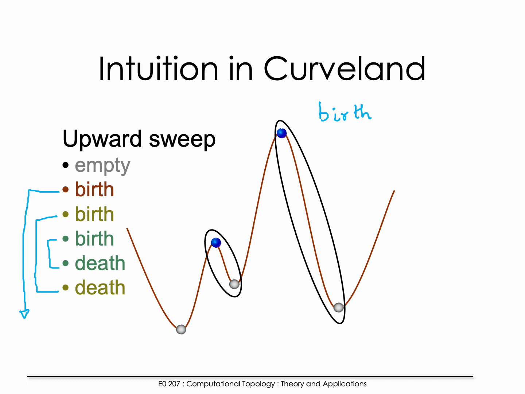So we talked about birth events, and then we saw when these components cease to exist. So these were the death events, and we saw that the death happens at the local maximum in this one-dimensional case, and we decided whom to kill based on the so-called elder rule.